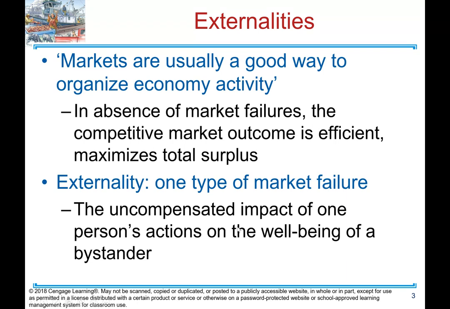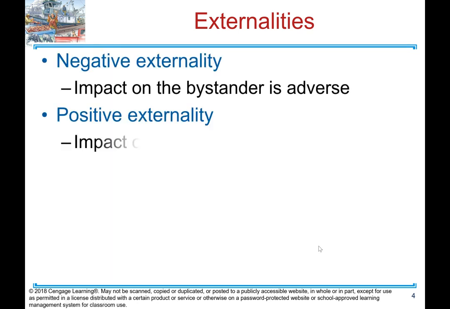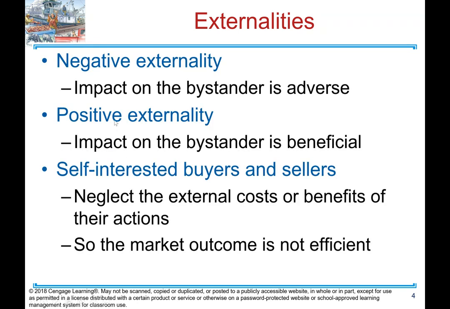and is the uncompensated impact of one person's action on the well-being of another. Externalities can either be negative or positive. Negative externality: the impact on the bystander is adverse or negative.